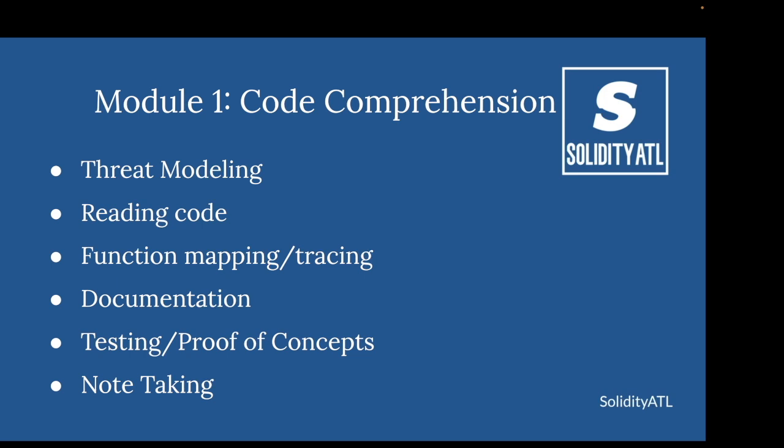Now, this is not necessarily a complete list of all the things that you could do to help comprehend code, but I feel like it's a good starting place that covers a lot of the activities you will be doing. At the end of this module, we're going to be demoing some of these tactics with Uniswap's code base to help reinforce these concepts and show what these actually look like.